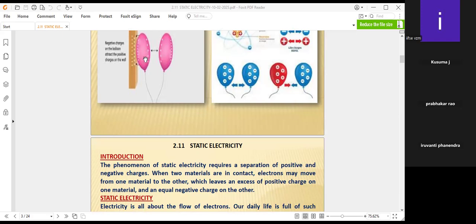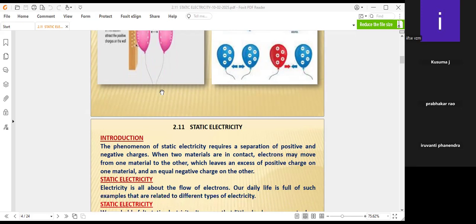When it comes nearer to another object after the separation, the balloon having negative and positive charges, with the negative charges attracted toward the wall. That is, the negative charges on the balloon attract the positive charges on the wall, or vice versa.